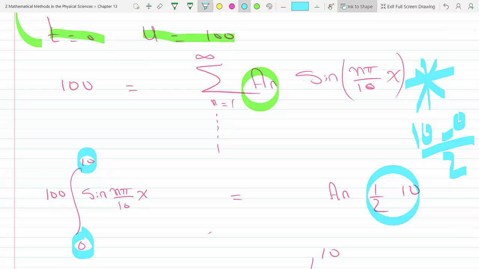And then on the left hand side, I have sine n pi x over 10. And, by the way, before I forget, it's a summation. What happened to all the other terms?